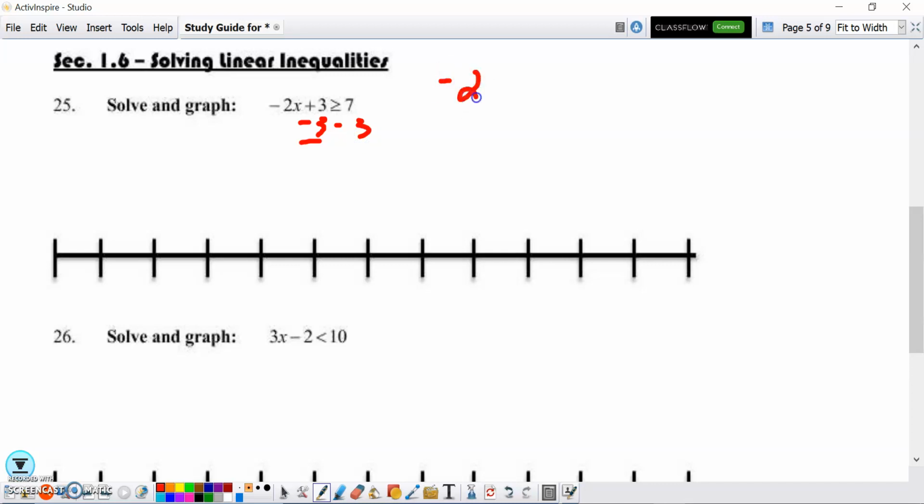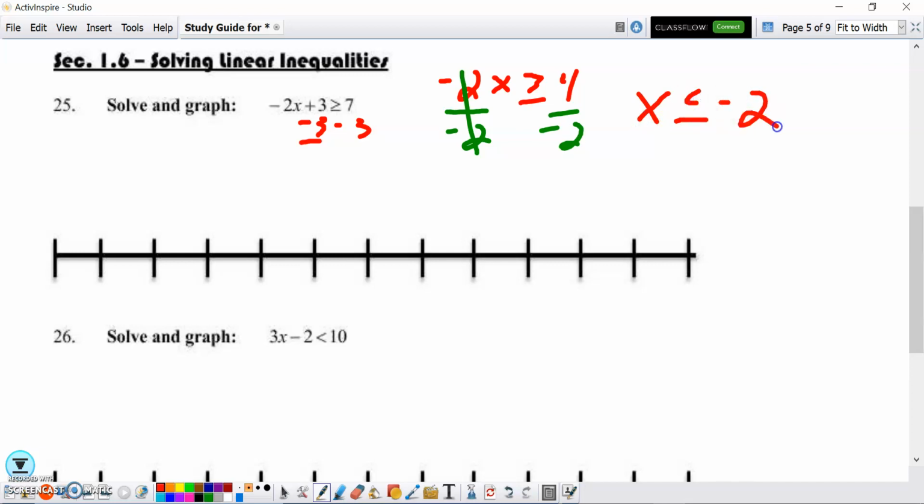So we've got negative 2x is greater than or equal to 4. Divide by negative 2. Remember, when you're dividing by a negative, the inequality must flip around. So we have x is less than or equal to negative 2.